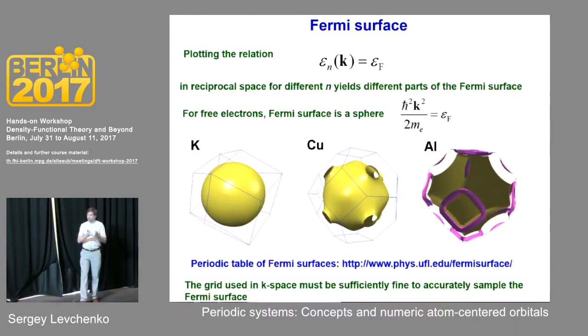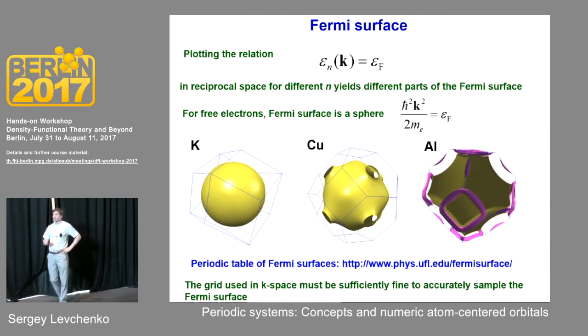This is an important concept, the Fermi energy and the Fermi surface, for understanding metal properties and physics. And it's defined like this. It's a surface in the reciprocal space where the energy of states epsilon nk, of Kohn-Sham states, is equal to the Fermi energy.